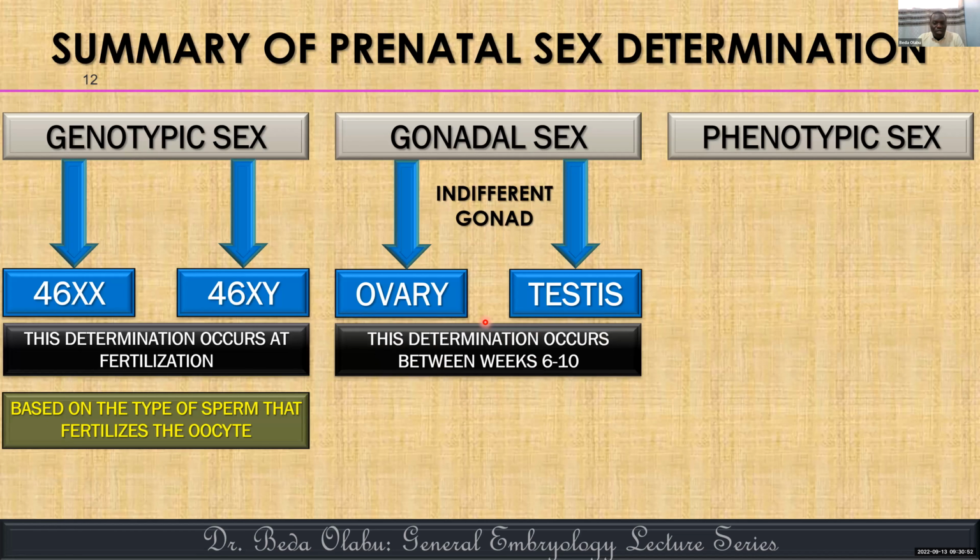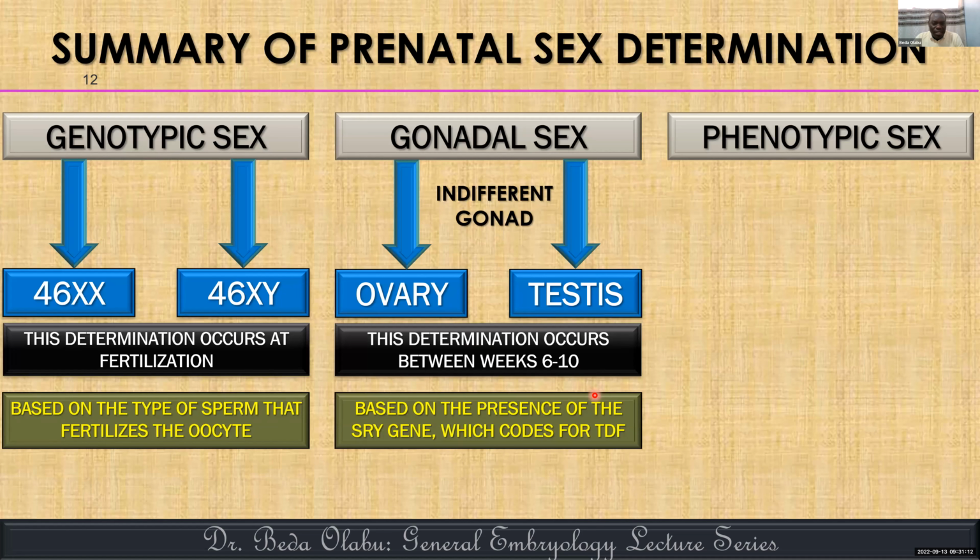The determination of gonadal sex occurs in the period between 6 to 10 weeks of gestation, and it can only happen during that season. What makes it become the testis or the ovary? It relies on the presence of the SRY gene.